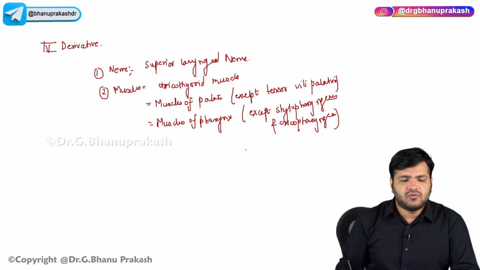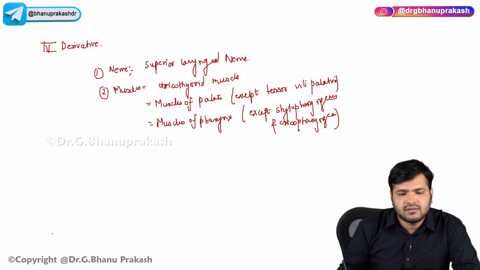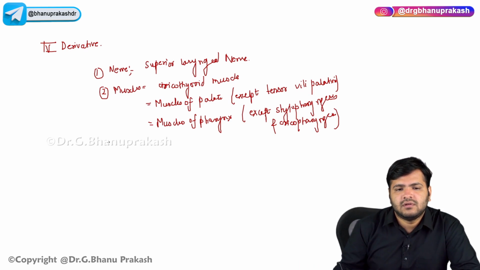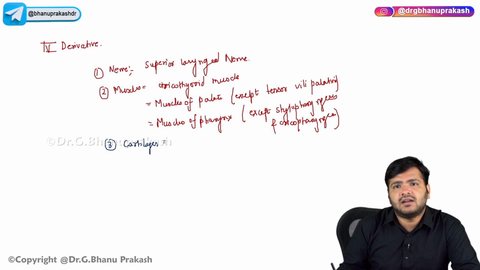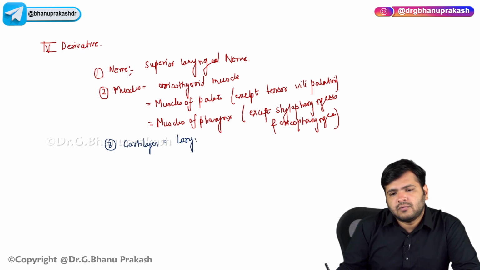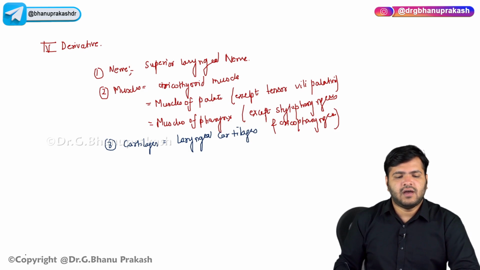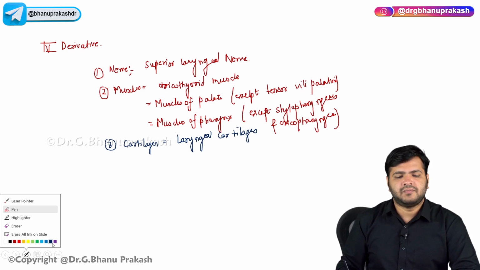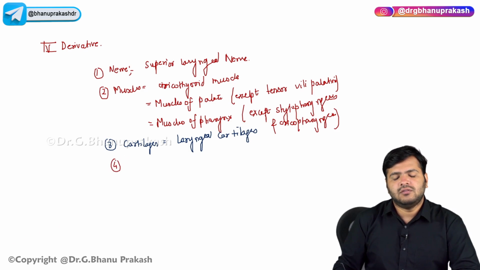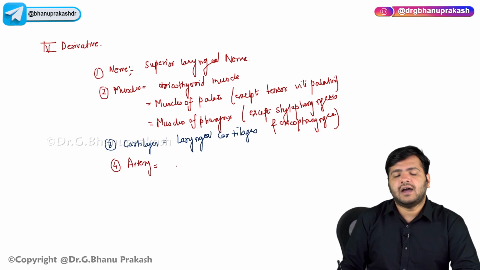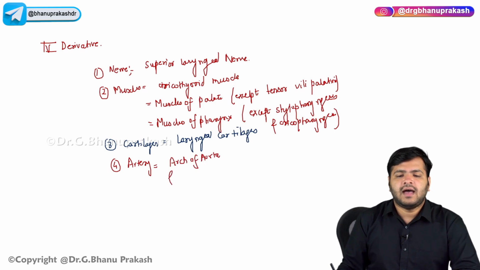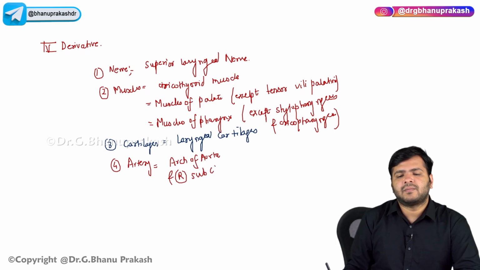So what is developed over here? These are the cartilages, the laryngeal cartilages. And the arteries which we will get over here are the arch of the aorta and the right subclavian artery.